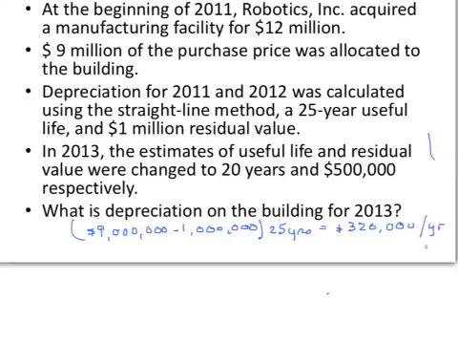Remember then, they depreciated it over 2 years, 2011, 2012. They make the change in 2013, and they would make the change using the new information. So 2 years depreciation have been taken, which means total is $640,000. That's the accumulated depreciation, which means that the book value remaining or undepreciated cost would be the $9 million minus that $640,000.